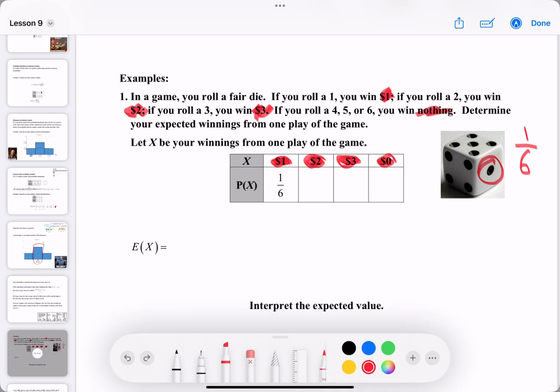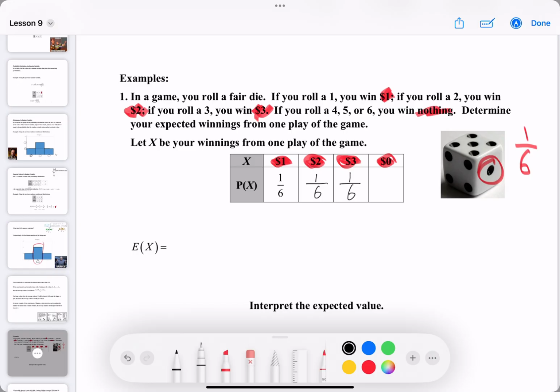How many 2s do we have on the fair die? Only one 2, so it's 1 outcome out of 6 faces. And how about 3? If you roll a 3, you win $3. That means 3 only appears on the fair die on one face, so it's 1 out of 6.